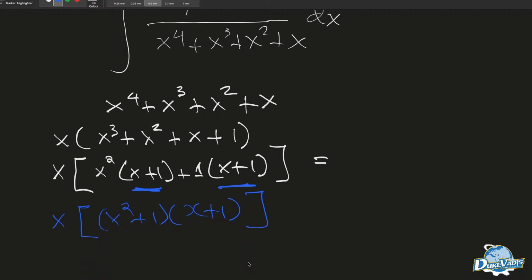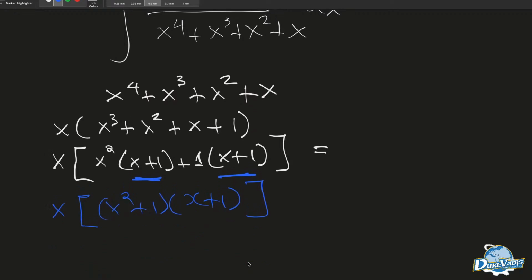Now let's put this in partial fractions.